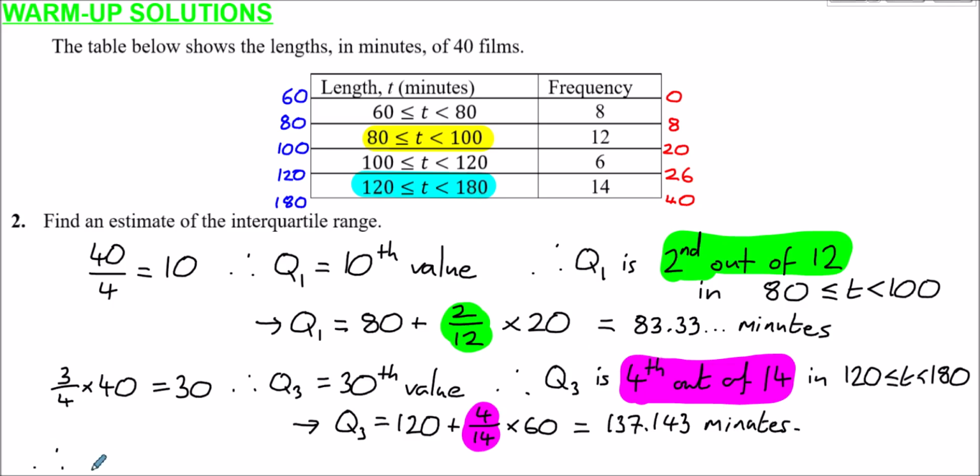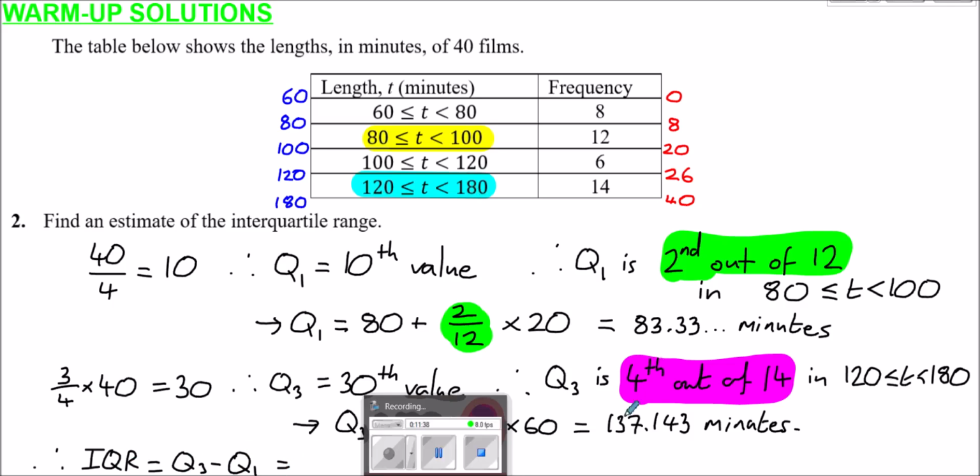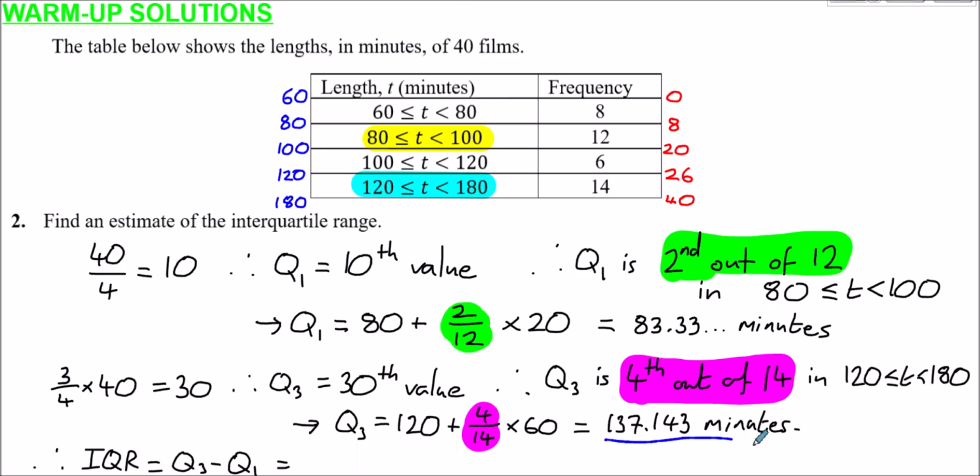Now we can work out the interquartile range. So the interquartile range is the upper quartile, Q3, minus the lower quartile, Q1. So that's going to be Q3, which is 137.143, minus the lower quartile, which we got was 83.3 recurring.